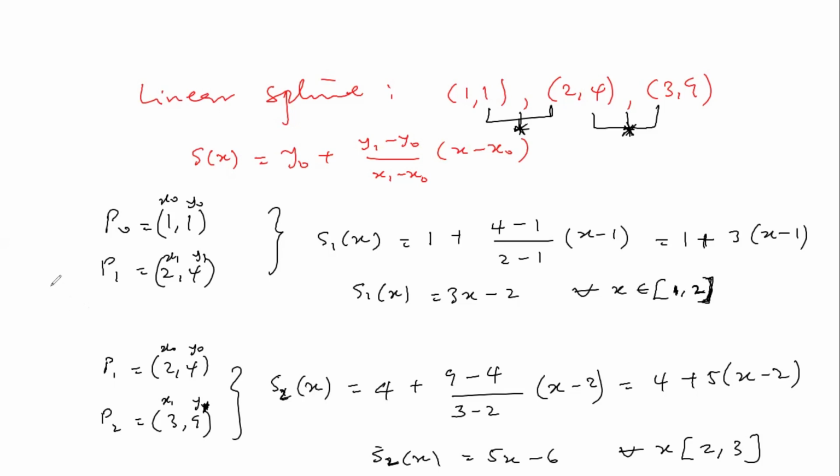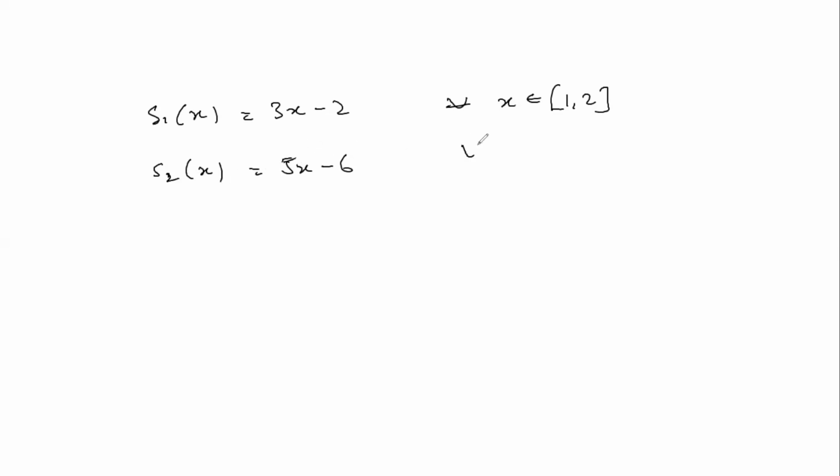Now, here we have S1(x) being the same as 3x minus 2 for all values of x taking on values from 1 to 2. And S2(x) is the same as 5x minus 6 for all values of x taking values from 2 to 3.